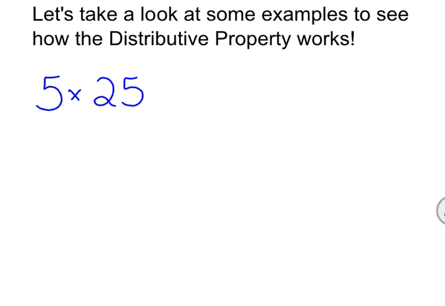First, we are going to look at the 25 and we're going to go back to chapter 1 where we learned expanded form, and I'm going to go ahead and put 25 in expanded form. So I'm going to keep this one-digit factor. I'm also keeping my multiplication symbol. But what I'm going to do inside these parentheses is put 25 in expanded form. And that is 20 plus 5. Okay, so that's the first step.